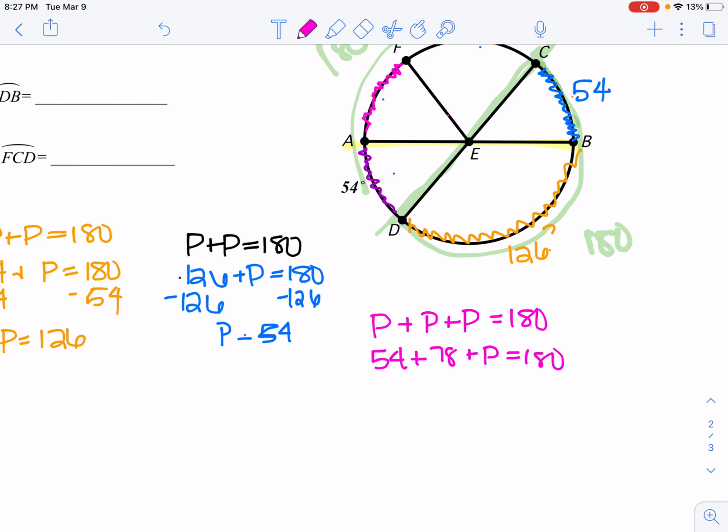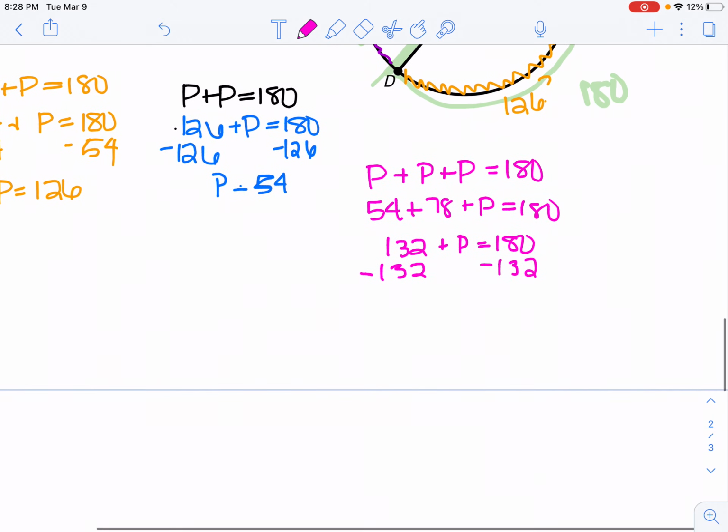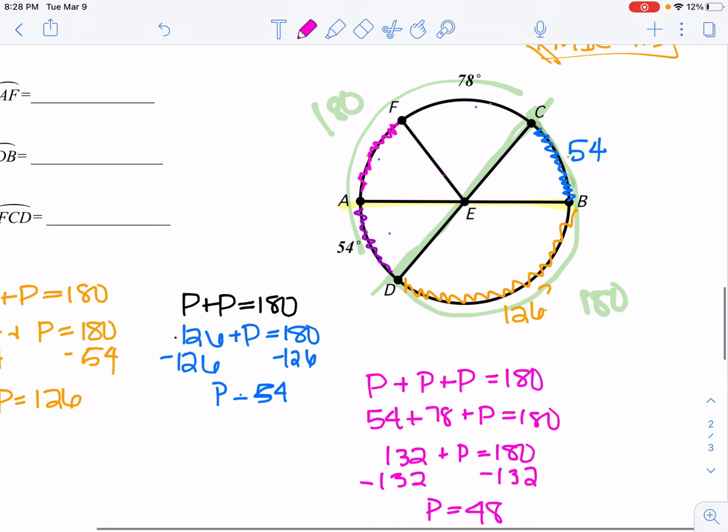So I'm going to add that 54 and 78 together. And I'm getting 132. And subtracting by 132 on both sides. So for that other missing part, I'm getting 48. So that's the measure of arc FA is 48 degrees.